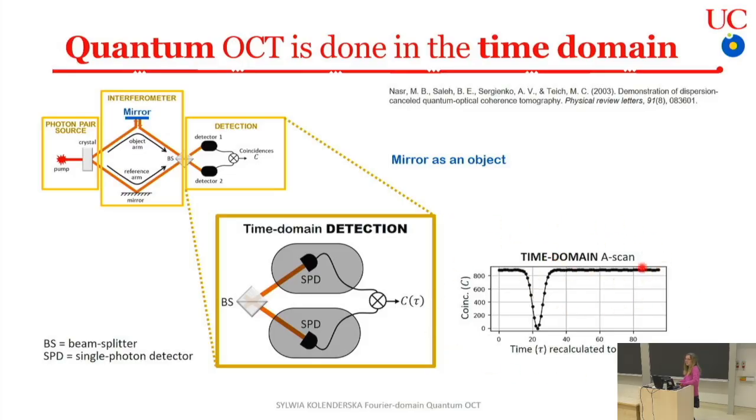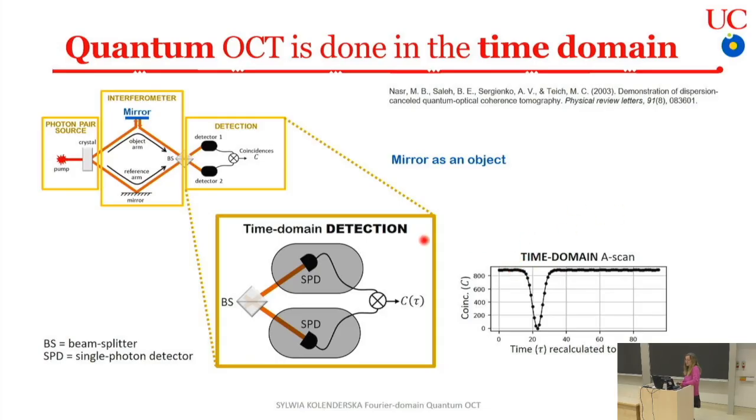A-scan is a term from OCT, but also from ultrasound. This is the signal that describes what the object looks like depth-wise.